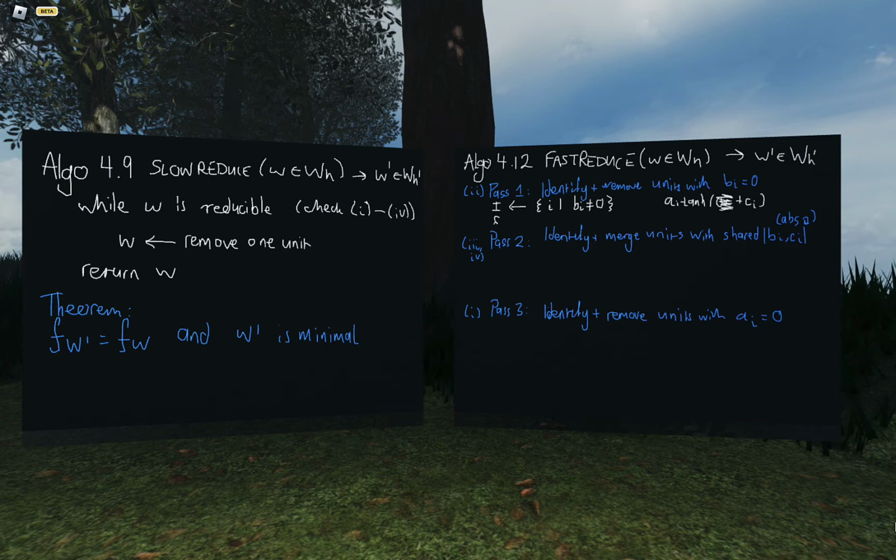So I'm going to define the final output bias for the new parameter here as the original bias, which remember with our notation is D, plus the sum of all of the removed units' leftover bit. So any I that is not in this set that we're keeping with non-zero. So these are all of the I's for which BI is 0. And then I'm just going to add up AI tanh(CI) of those. Okay. Any questions about pass 1? Otherwise, I'll move on to pass 2.